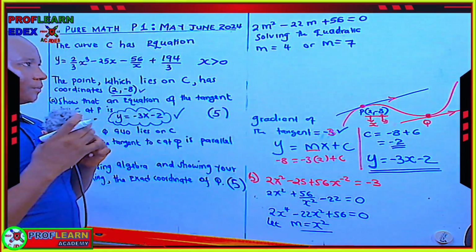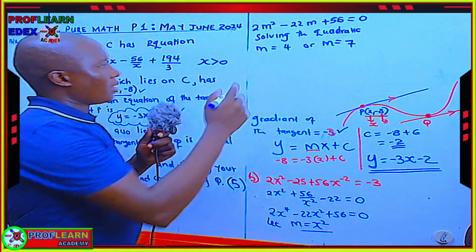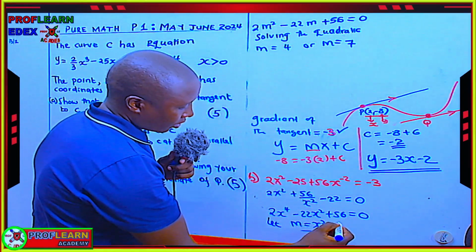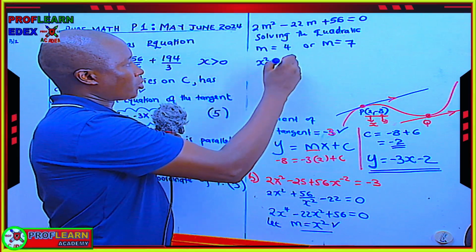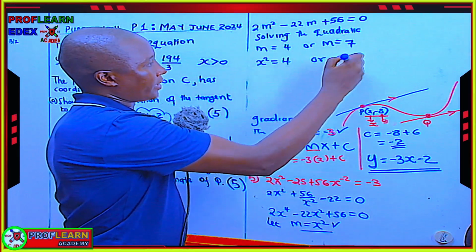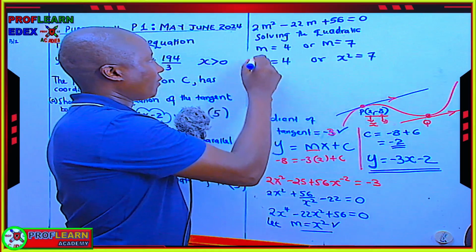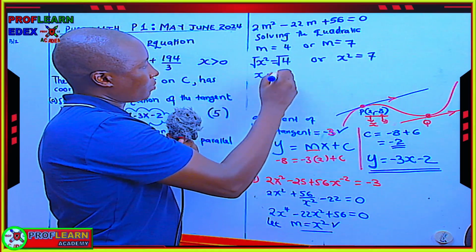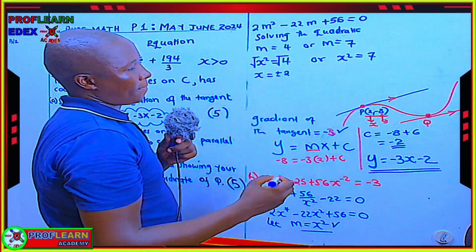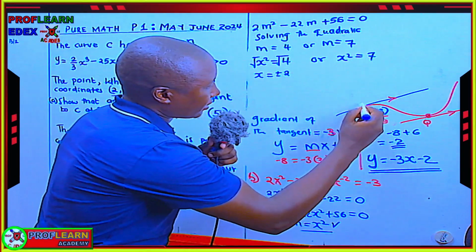Now look at this. Since we had let x squared be m, it means x squared is equal to 4, or x squared is equal to 7. Finding the square root, we're going to have x equals plus or minus 2, which is basically this part that we have here.